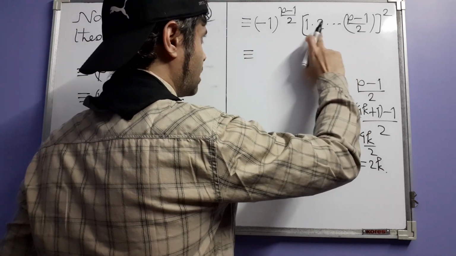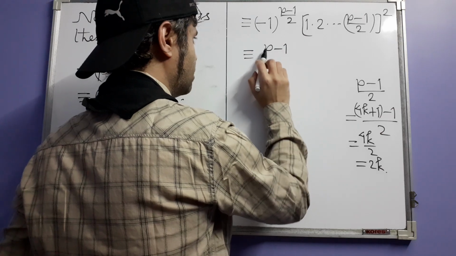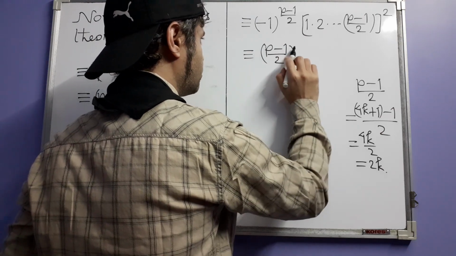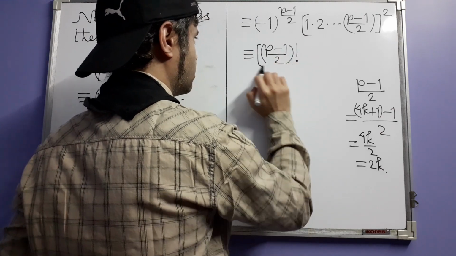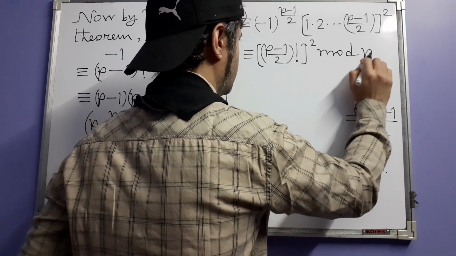However, what do we have under the square here? p minus 1 divided by 2 factorial and the square of that, modulo p.